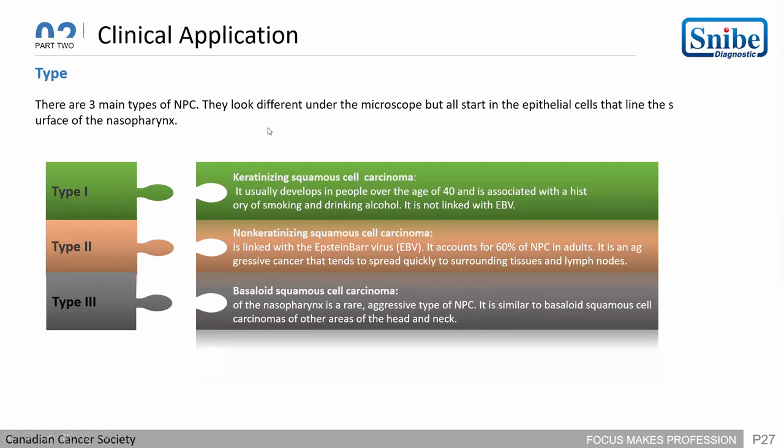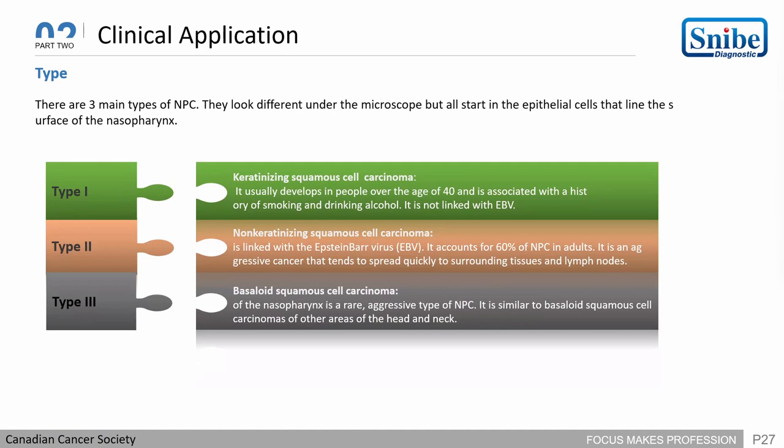They look different under the microscope, but all start in the epithelial cells that line the nasopharynx. Type 1 is keratinizing squamous cell carcinoma, type 2 is non-keratinizing squamous cell carcinoma, and type 3 is basaloid squamous cell carcinoma.